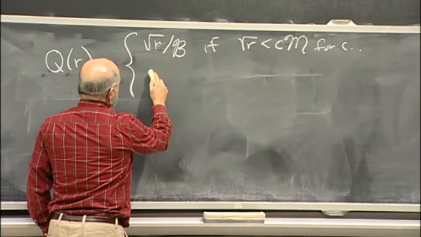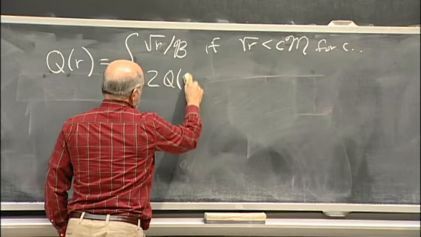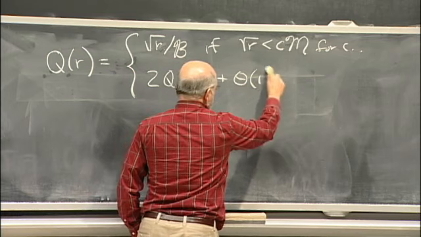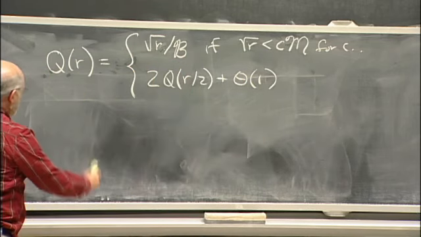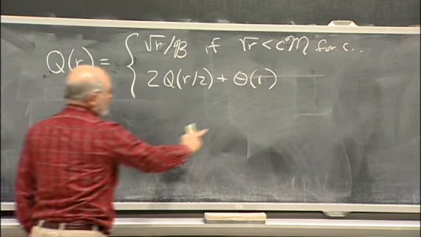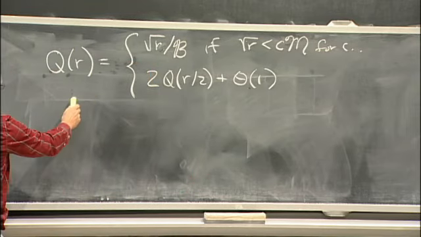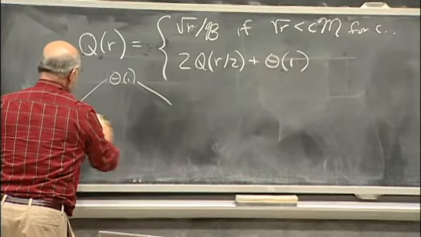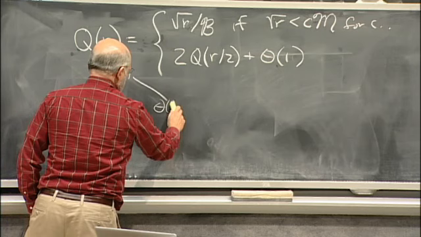And otherwise, it was 2 Q of R over 2 plus theta 1. Now, what people did in their recursion tree, first of all, some people didn't recognize that what goes in the recursion tree is this value, the number of cache misses. So the recursion tree is going to look like theta 1, or you can leave out the thetas if you want to put them in at the end, theta 1, et cetera.